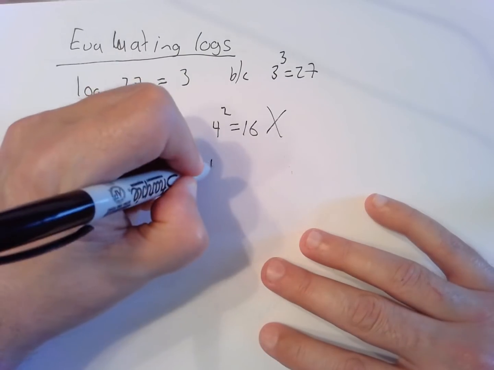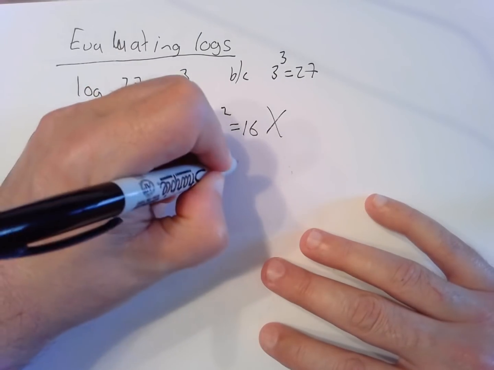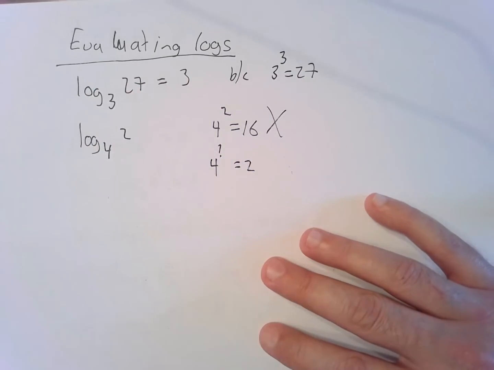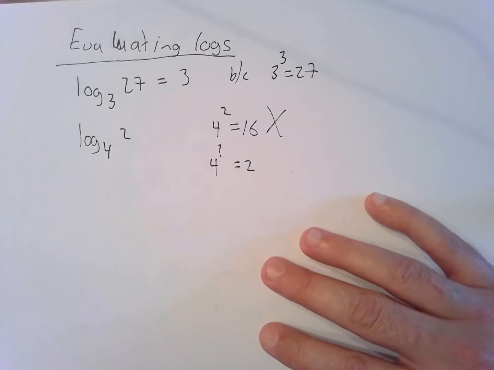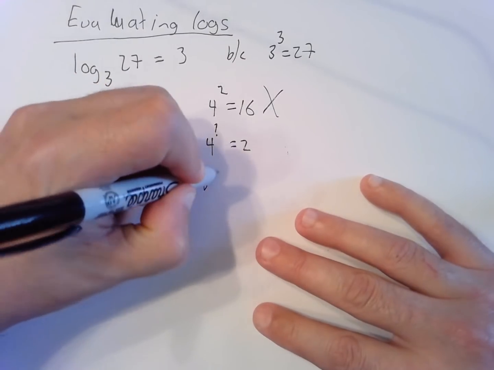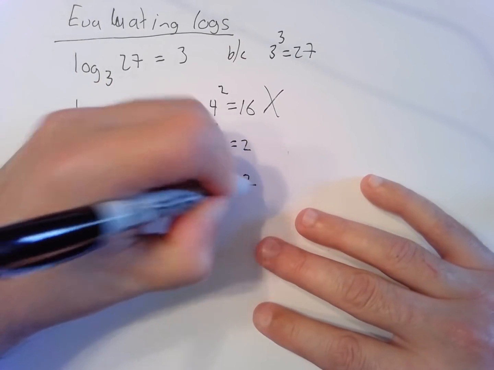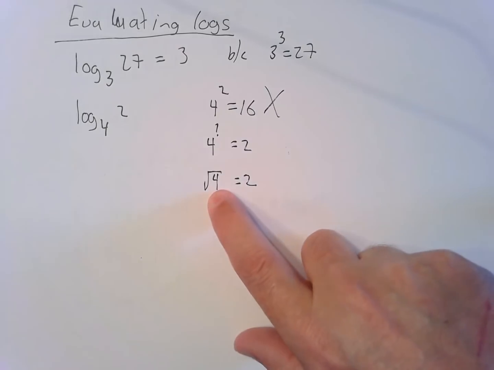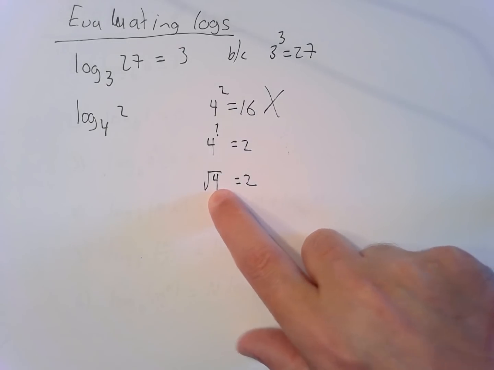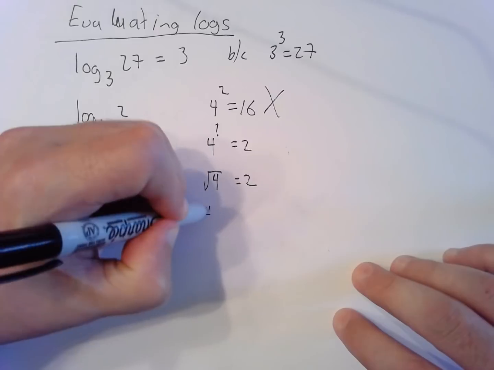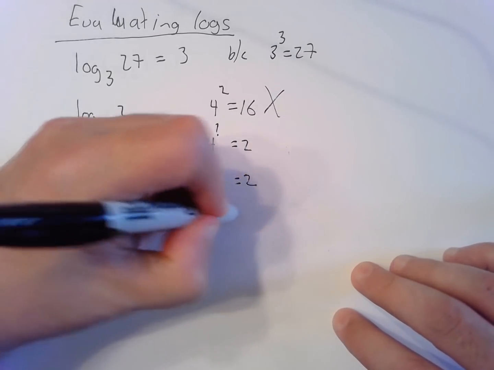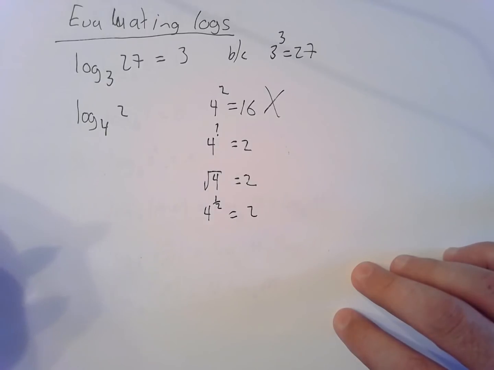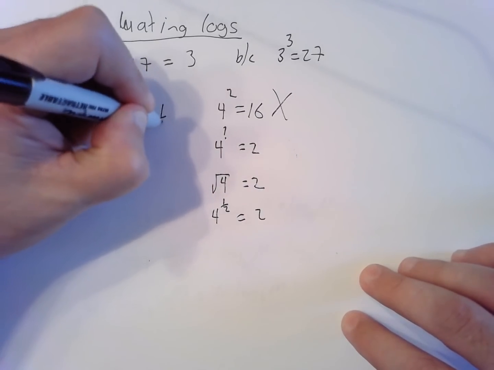I want to take 4 to some power and get 2. What operation could I do to 4 to get 2? I know square root of 4 is 2. But wait a minute, square root can be written as an exponent. That's 4 to the 1/2 power. 4 to the 1/2 power is 2, square root of 4. So the answer here is 1/2.